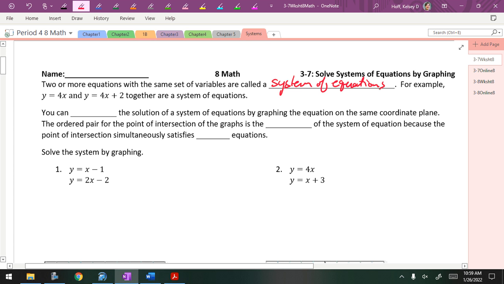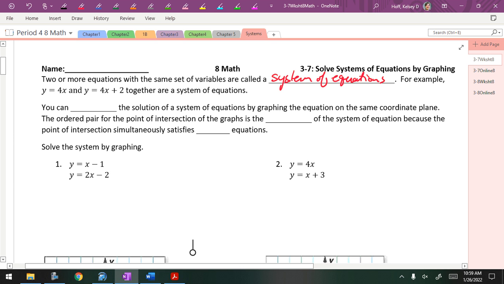For example, y equals 4x and y equals 4x plus 2. 2 separate equations that both contain x and y. That is a system of equations. You can solve the system of equations by graphing the equations on the same coordinate plane.